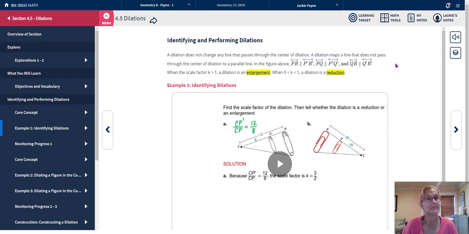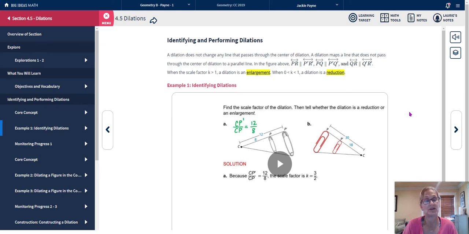A dilation maps a line that does not pass through the center of dilation to a parallel line. So in the figure that we're going to show you in just a second, PR is parallel to P prime R prime. PQ is parallel to P prime Q prime, and QR is parallel to Q prime R prime.